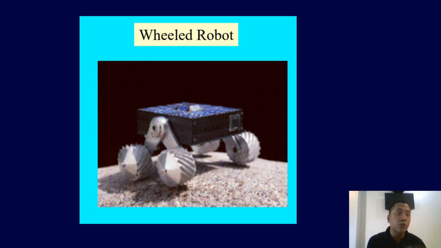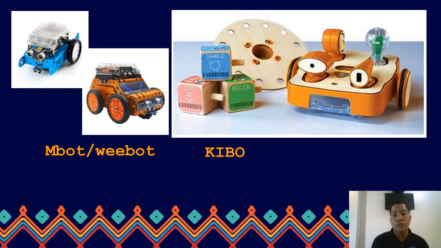Kasi ganito yung klaseng robot ang ating gagamitin, most especially for our learners in the elementary. And specifically, ang robot natin gagamitin is MBot or WeBot and the Kibo robot. So, I'm sure meron tayong unit dito na pakita na sa atin kung ano ba po yung Kibo, and then ano ba po yung MBot and WeBot.